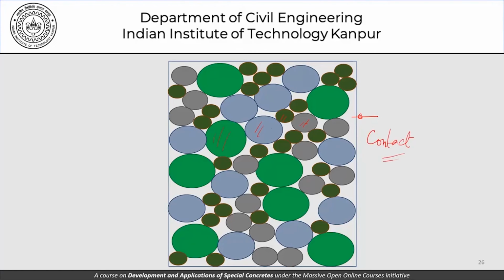So this is something which is a reiteration from what our very early discussion in this course has been. These aggregates are in contact with each other, which is not really true in concrete. In concrete, the aggregates are not in contact with each other, as we have seen in the previous discussion or the previous slide.